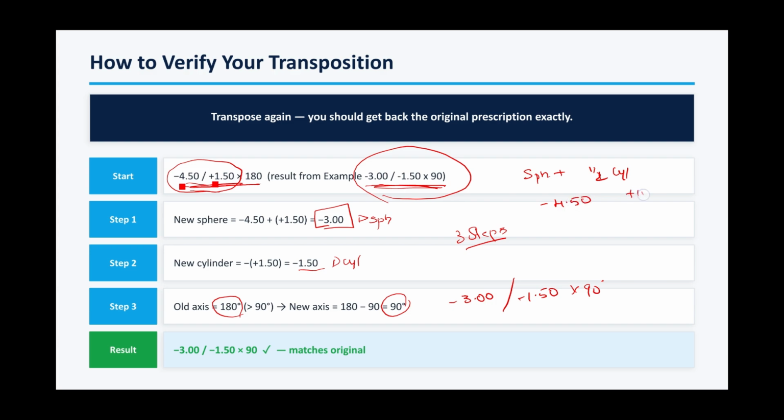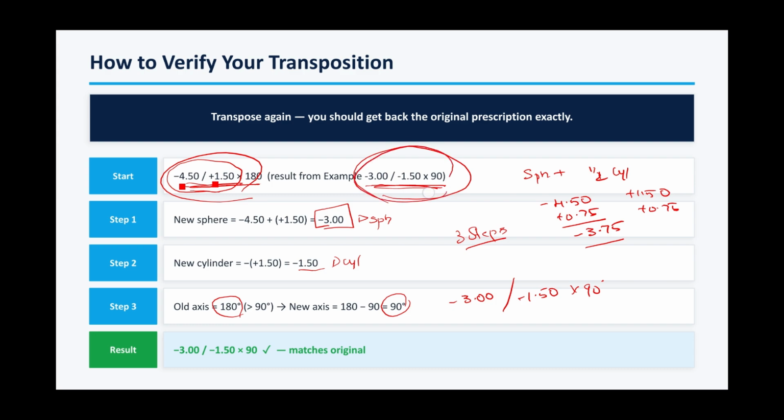It is 1.5. Half of 1.5 is plus 0.75. Okay, so if you add plus 0.75, what do we get? We get minus 3.75, right? Okay, so this is spherical equivalent of this prescription.